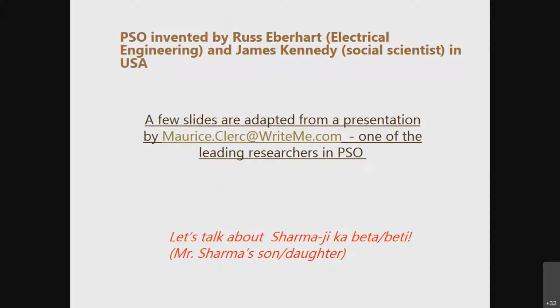He was studying group performance in the classroom. Then Eberhart, an electrical engineer, came in and proposed the model. Some of the slides are adapted from their presentation and a presentation by Maurice Clerc, who is himself a pioneer in particle swarm optimization research.